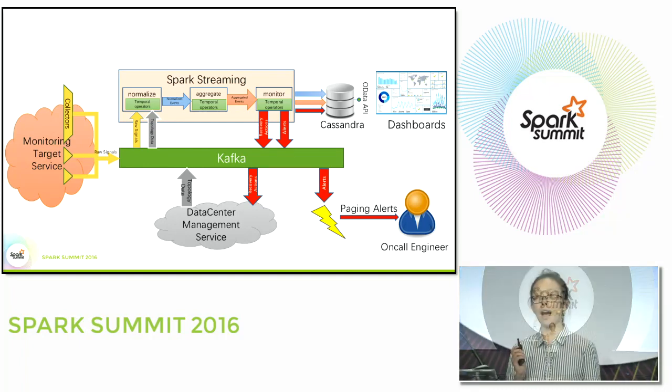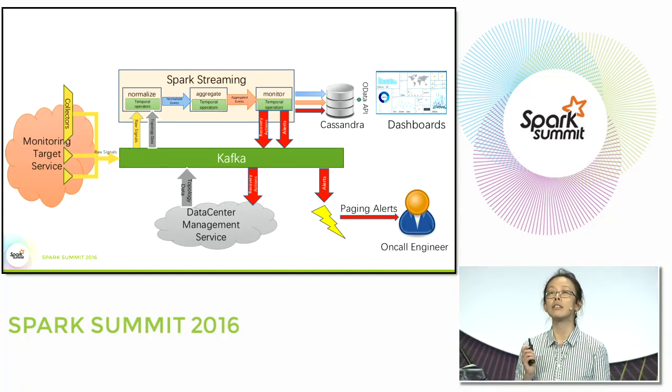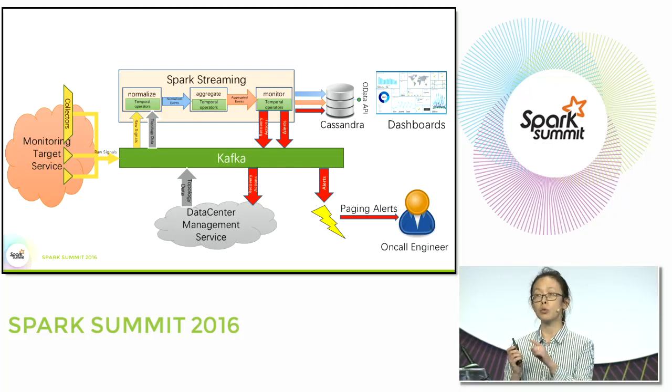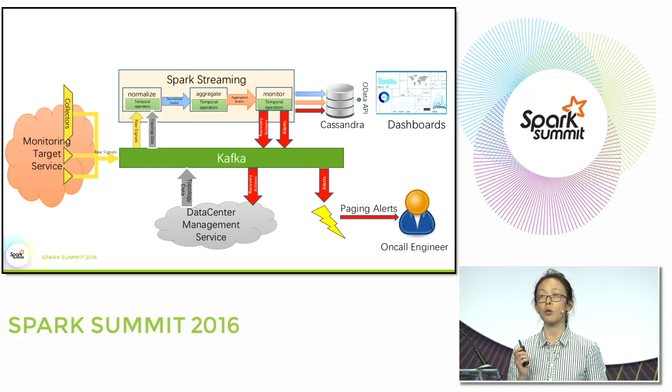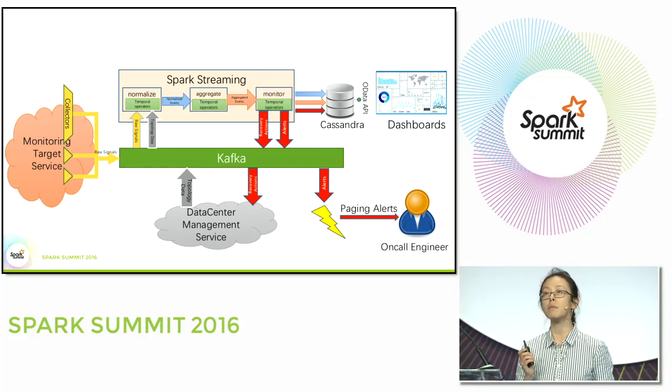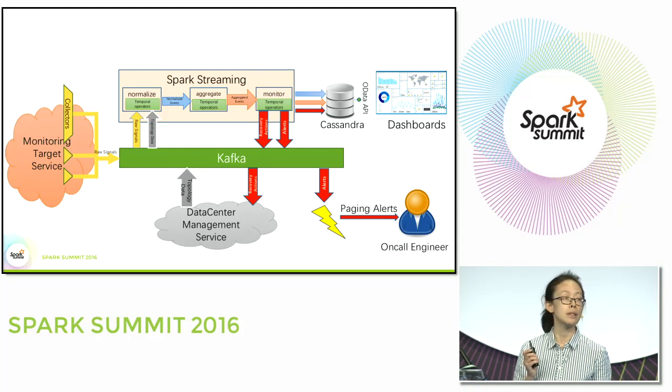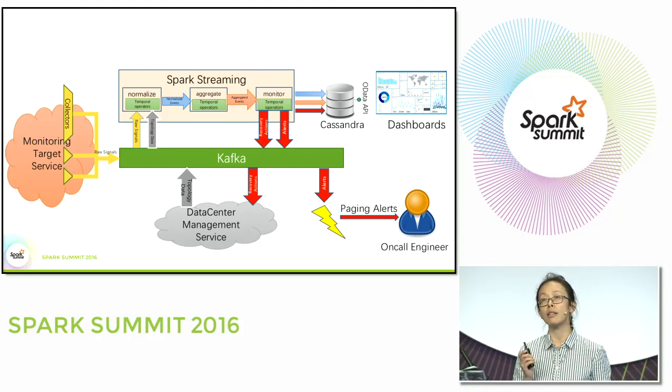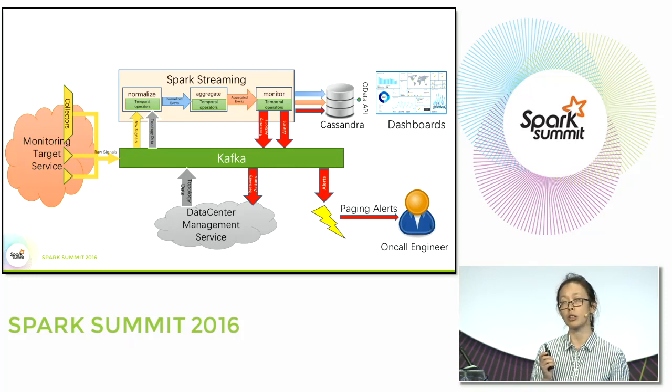You can see that on the left side, these are the target services that we'll be monitoring, and the raw signal will come into Kafka. Kafka is our data bus. And then most of the data processing happens in Spark streaming, and the result goes to Cassandra. And from there, we can do a lot of interesting offline analysis and dashboarding.